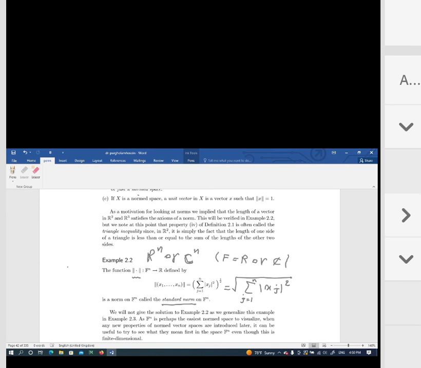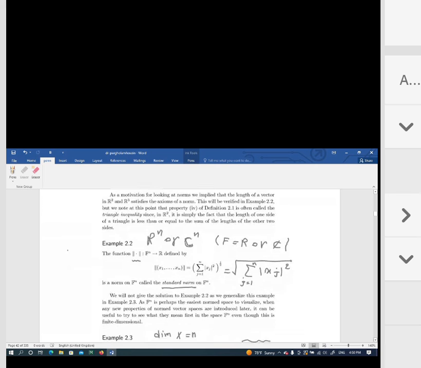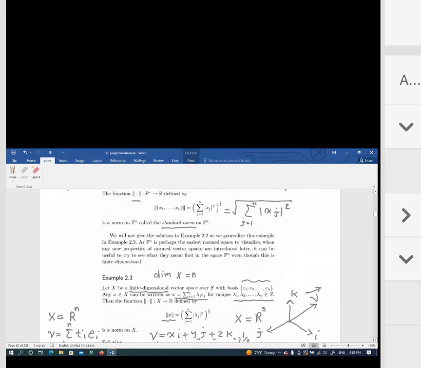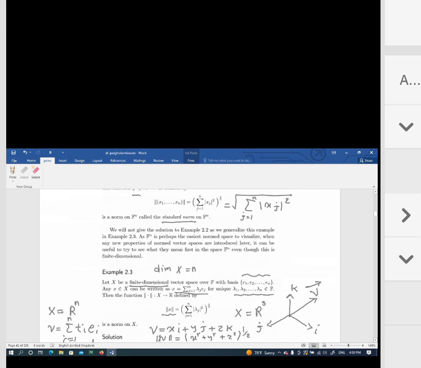This is the standard norm on F^n. So when we say standard norm or Euclidean norm, we mean this norm. Here the dimension of X equals n.